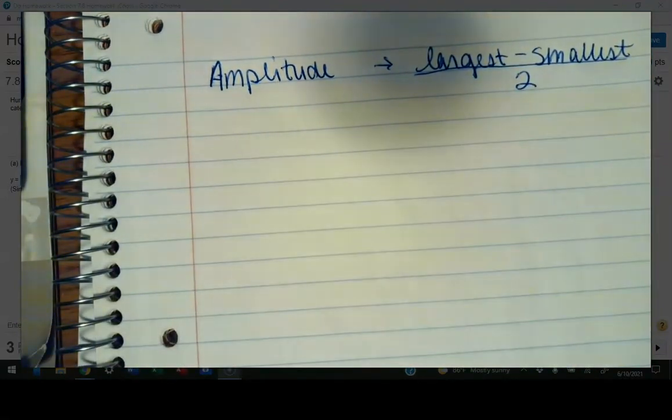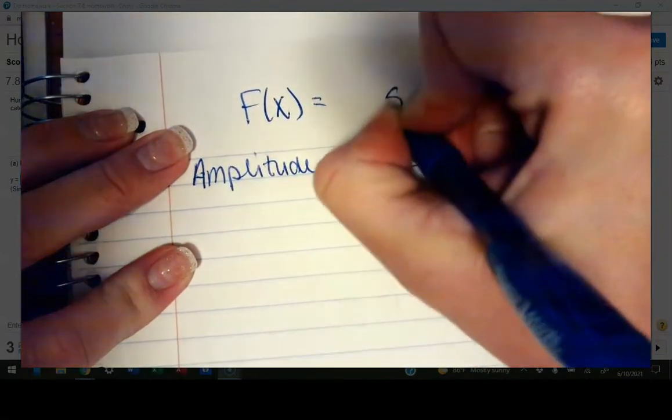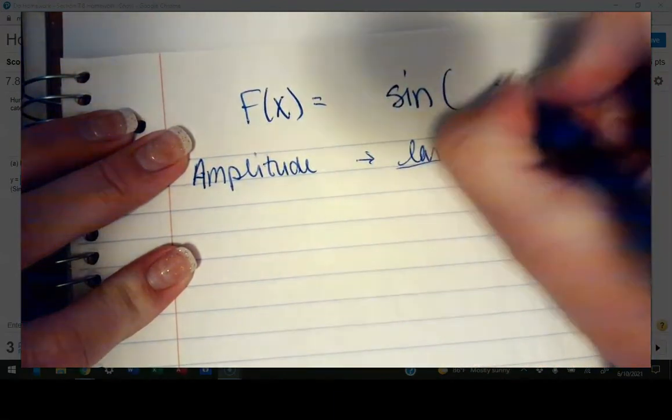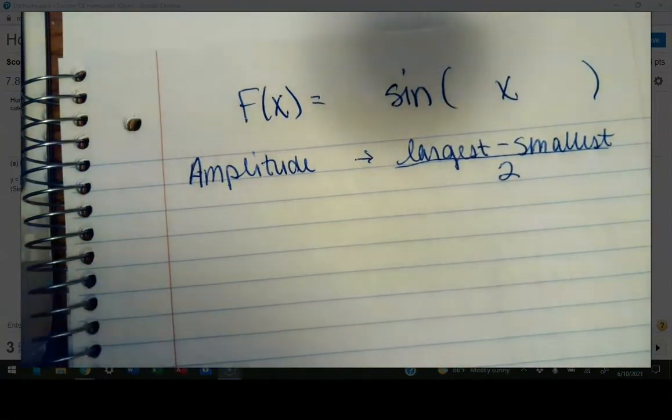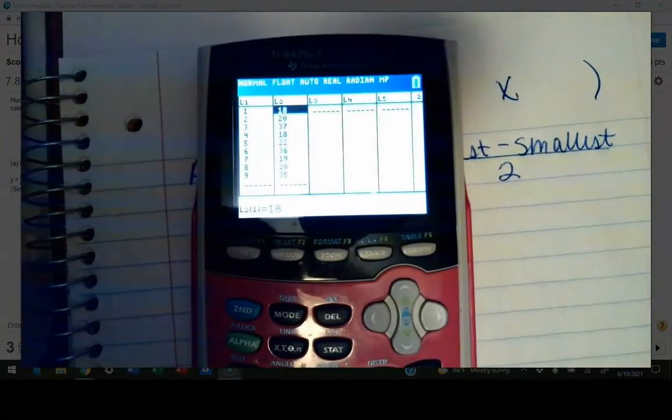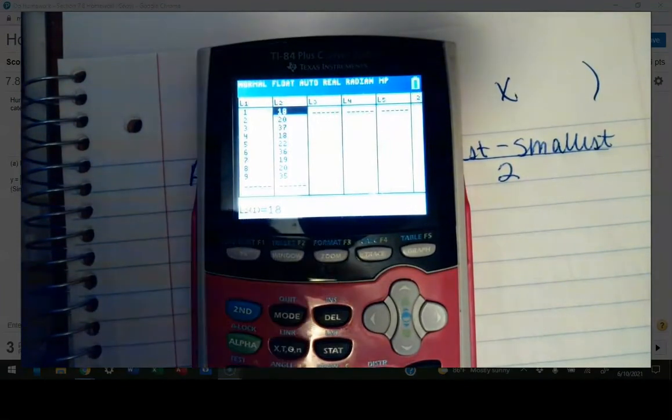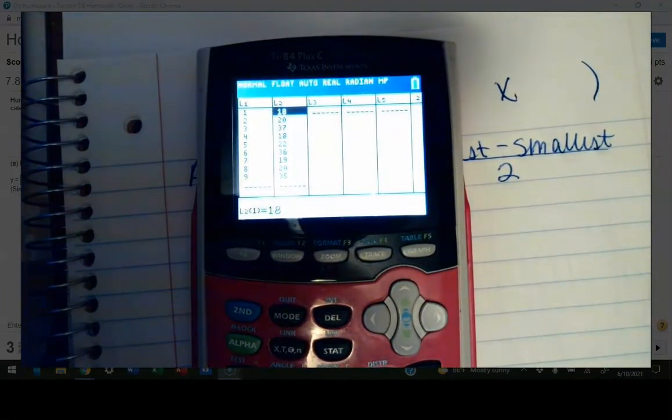What I'm filling in is my function, which is going to have this sine of something x, and I'm going to fill in these blanks. So my largest data point, I already forgot what it was, 37, and my lowest data point was 18.